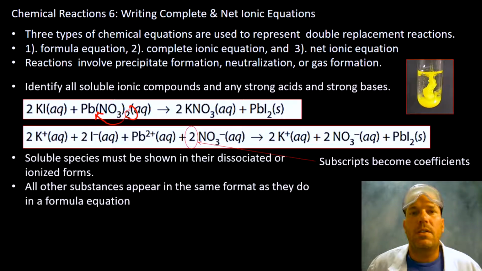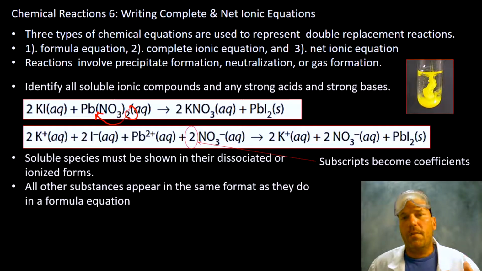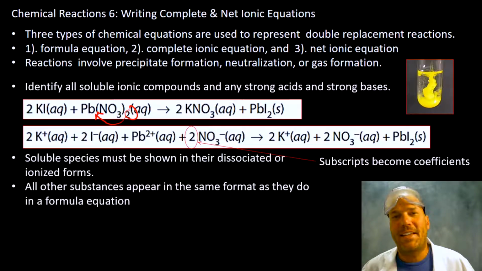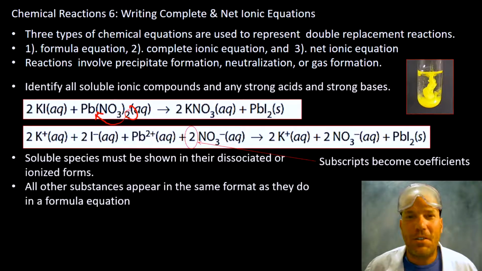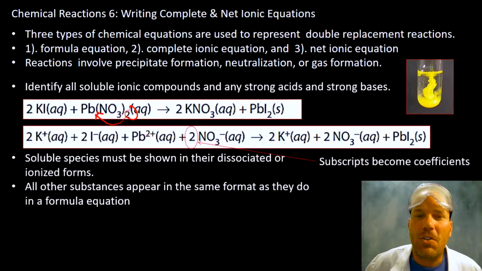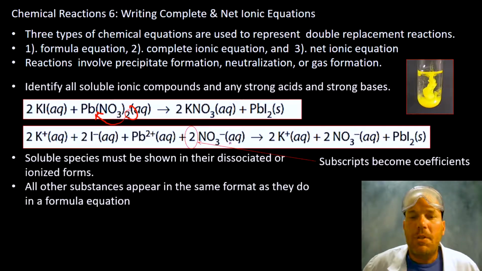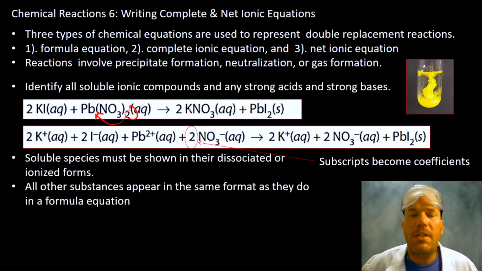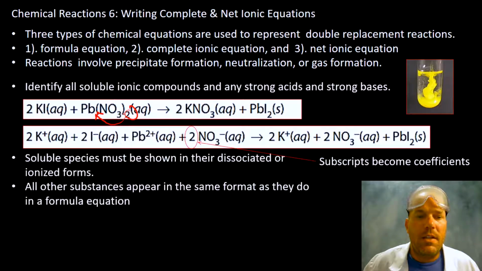You want to always include charge. After all, these are called ionic equations or net ionic equations, and an ion is a charged species. So please don't forget the charge as superscripts. Please don't forget the states of matter. And as we go through and practice these, starting with a balanced formula equation, any of our subscripts will become coefficients.